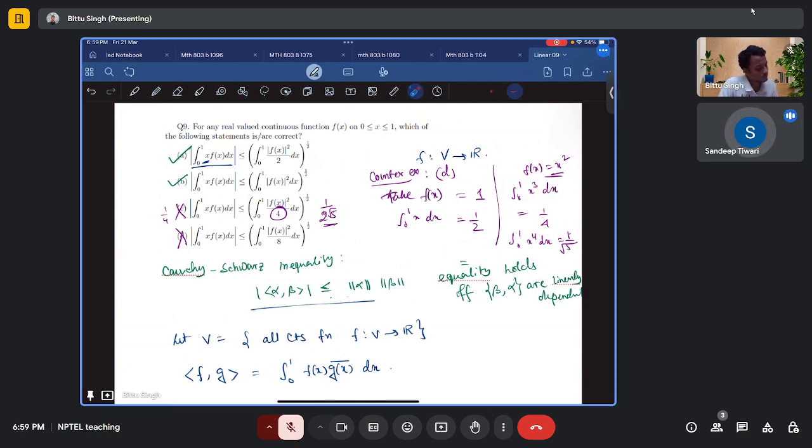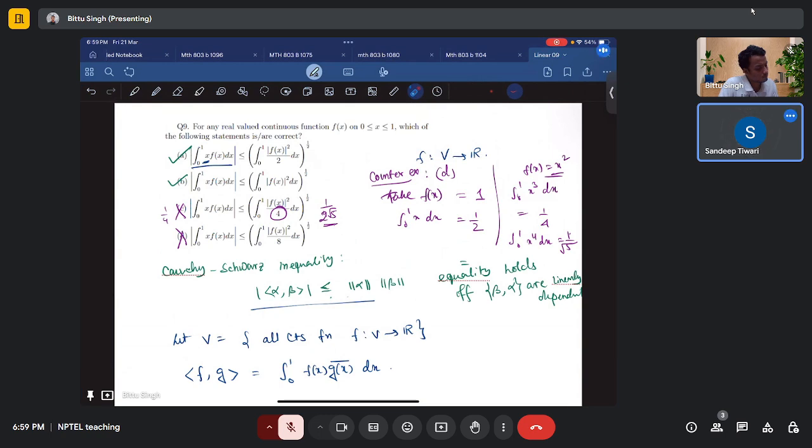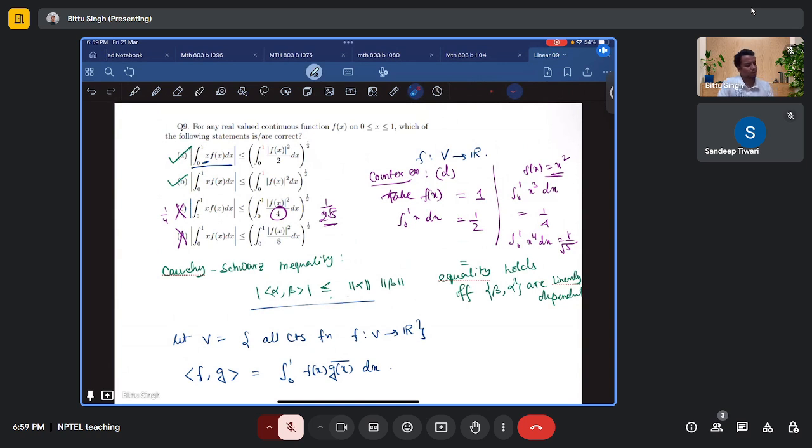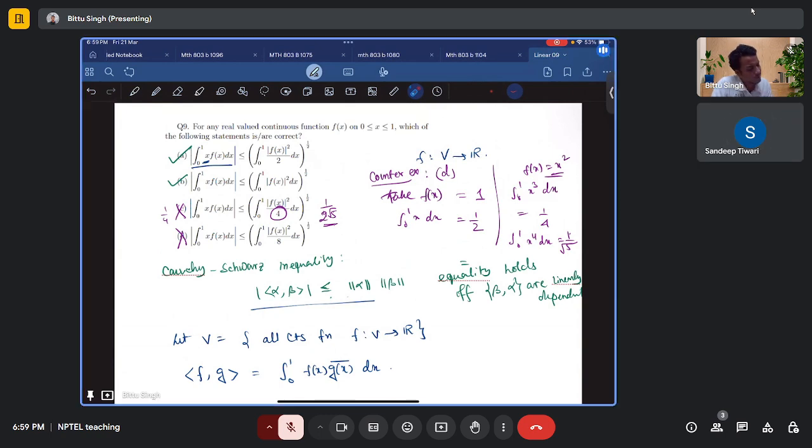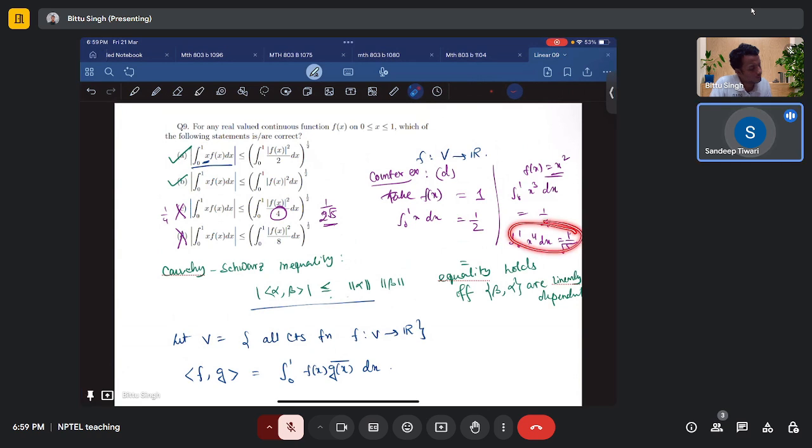So it will give 1 by under root 15. And also, sir, this is not correct, sir. Norm of f(x) when you take, you will be getting, sir, x to the power 4. Yes, sir. This is correct, sir. This is actually correct. But we have to multiply by, sir, 1 by root 3, sir.